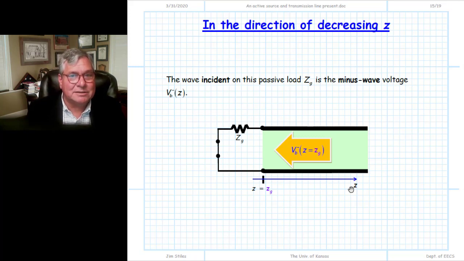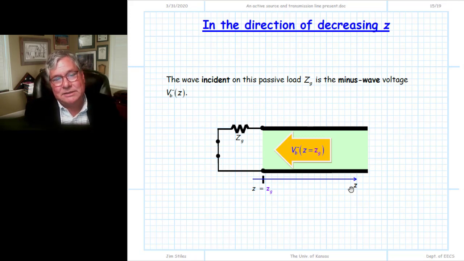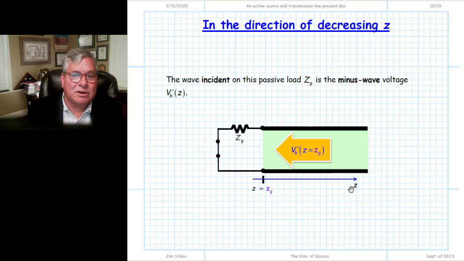The transmission line does not know or care in what direction we decided to make our index z, increasing from left to right or right to left. What does matter is what wave is incident on the load and what wave is reflected from the load. So all of the results we had need to be keyed to what is the incident wave and what is the reflected wave, not necessarily what is the plus or minus wave.